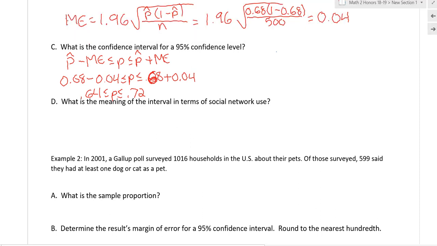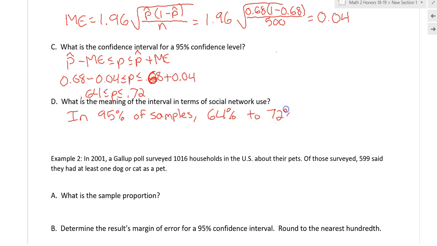In 95% of samples, what do we have here? 64% to 72% of people will use social networking sites. And so that's what that confidence interval means.